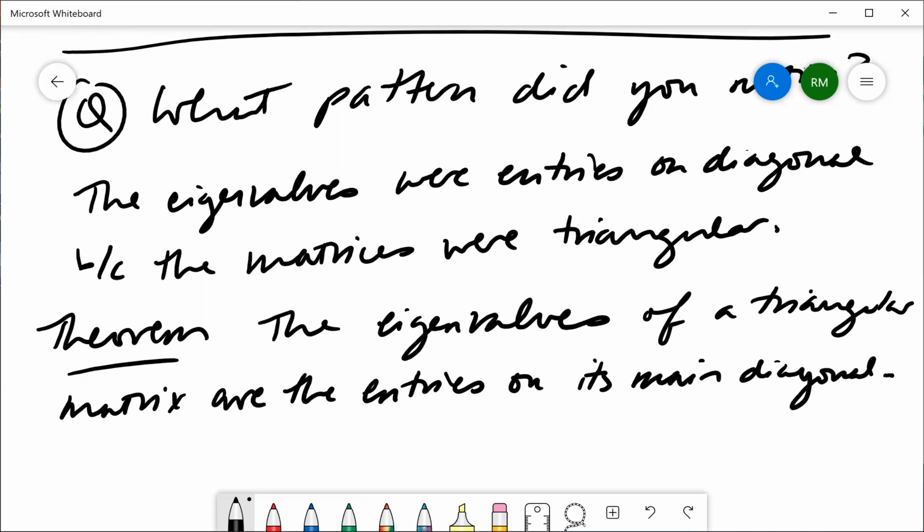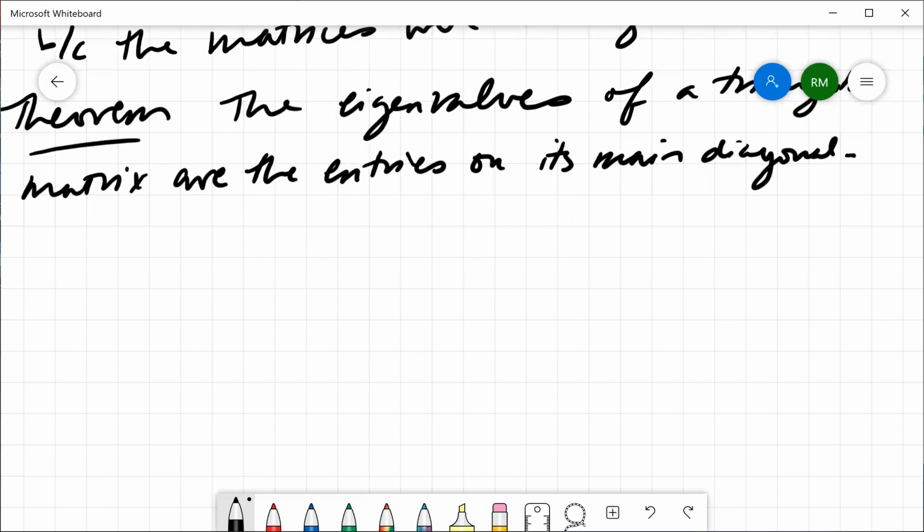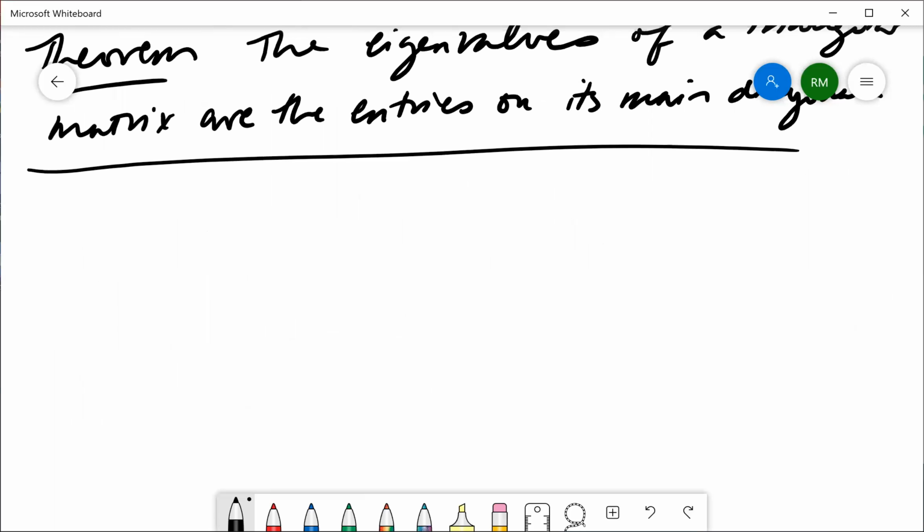Okay. All right, so that concludes section 5.1, and we're going to talk a little bit about 5.2 today, which we will continue with next time. So in section 5.1, we've just introduced the concept of an eigenvalue and an eigenvector.